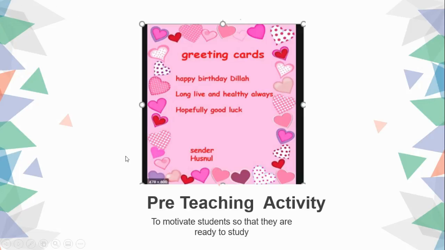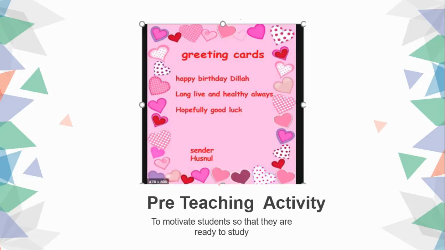Okay, students, all of us must know that the process of teaching and learning must be divided into 3 steps. The first one is pre-teaching, the second one is while-teaching, and the last one is post-teaching. We must know that the function of pre-teaching activities is to motivate students so that they are ready to study.